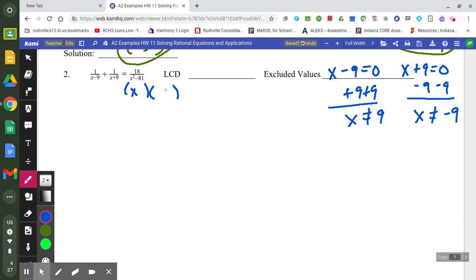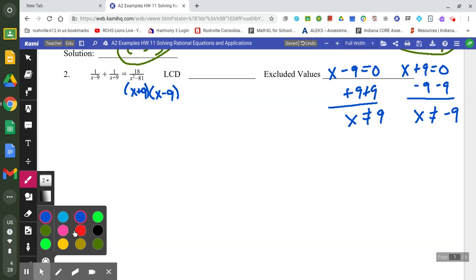So I can take the square root of x squared, which is x. One of my parentheses will be plus, one will be minus, and the square root of 81 is 9. And so x minus 9 will go into both of those. x plus 9 will go into both of those.